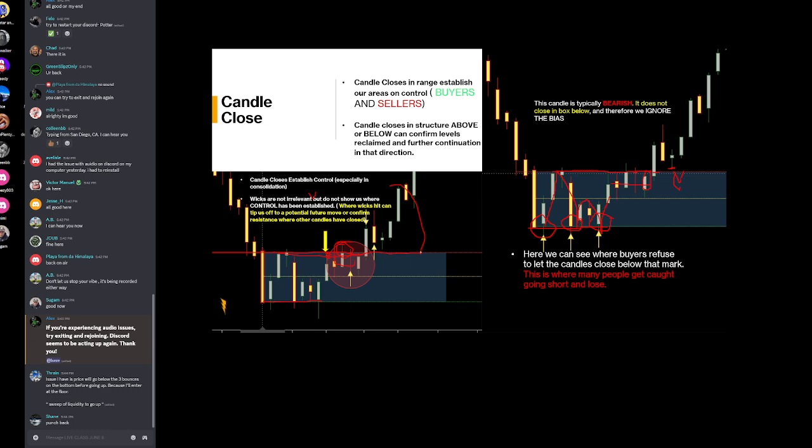That is where we can almost always guarantee, unless it's Tesla and Elon's tweeting, that those are going to respond. Now, even if Elon is tweeting, it still will respond. It just might not do it for long.